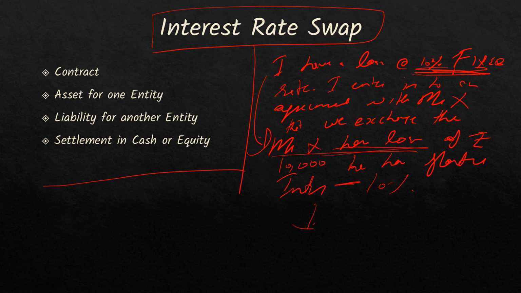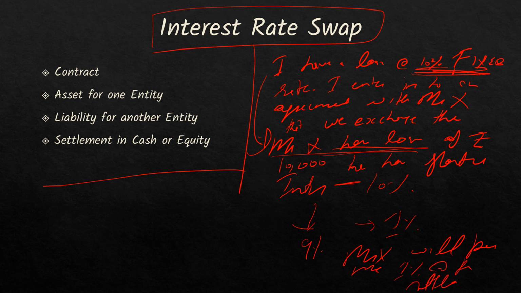If the interest rate decreases to 9%, I am in a profit of 1%, so Mr. X will pay me 1% at the settlement date. If it increases by 1%, I will make the payment to Mr. X. So there is a contract to exchange the fixed interest rate with the floating rate.